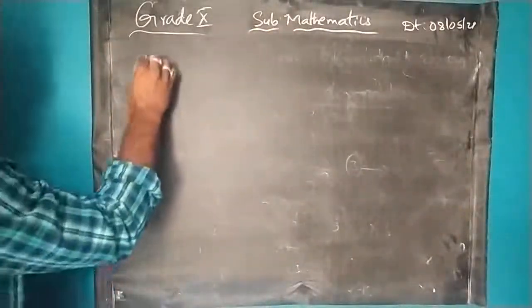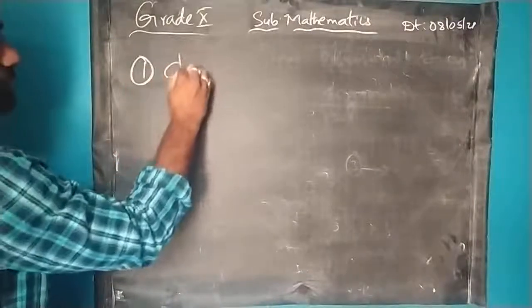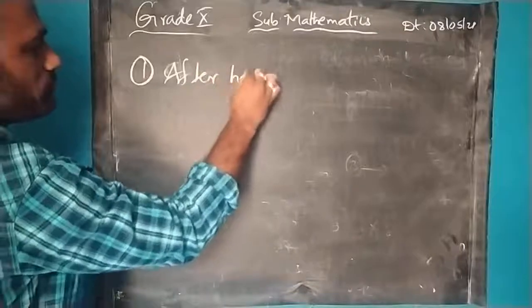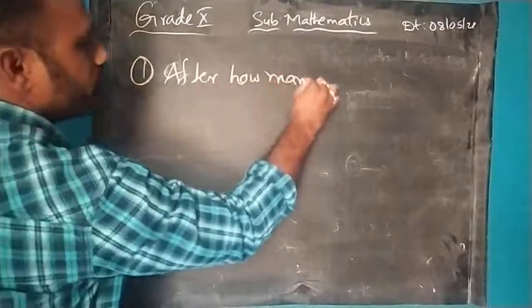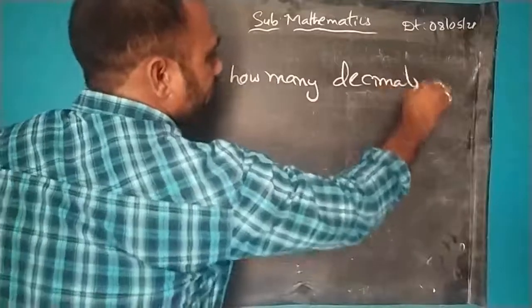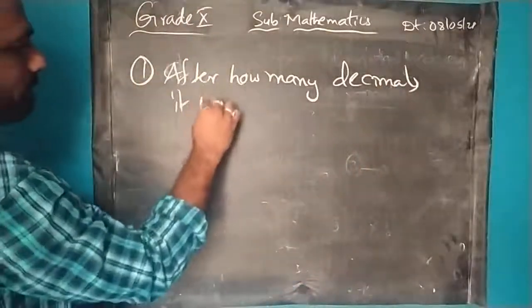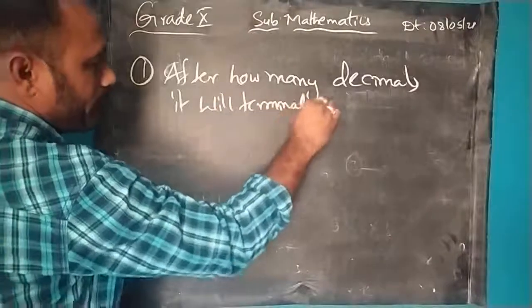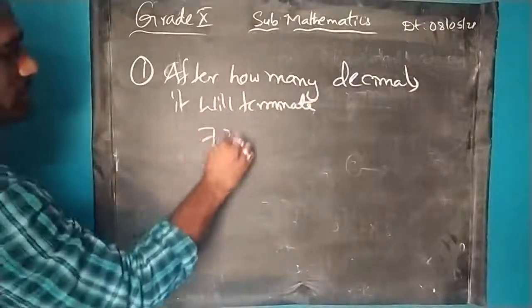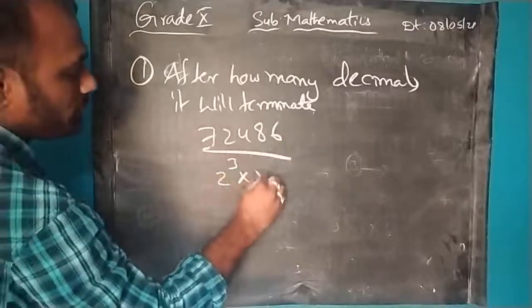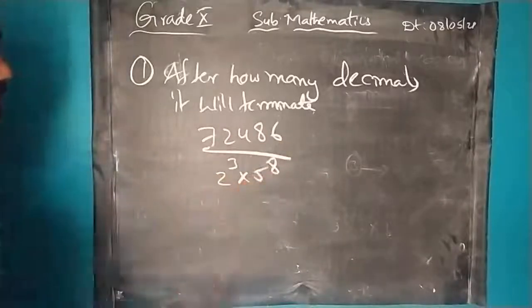Next, another question. After how many decimals will it terminate? Let me give a number. 72486 divided by 2 power 3 into 5 power 8.